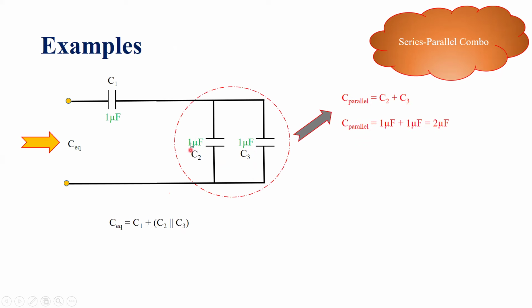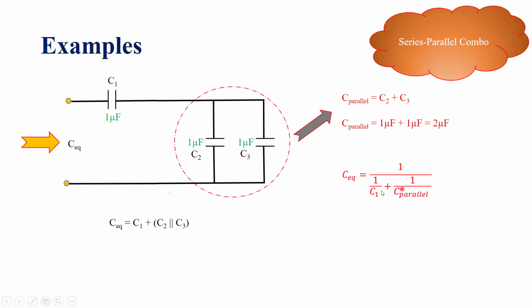With the given values of C2 and C3, C parallel is equal to 1 plus 1, that is 2 microfarad. Therefore, we come back to this formula and C equivalent can be written as 1 over C1, now we have this capacitance, plus 1 over C parallel, what we calculated here.